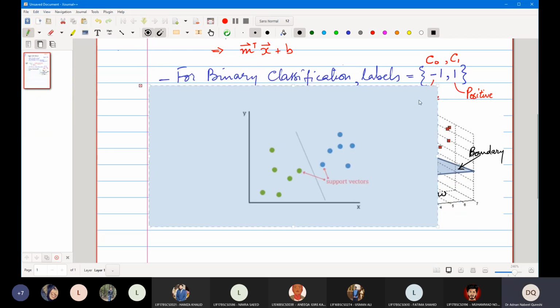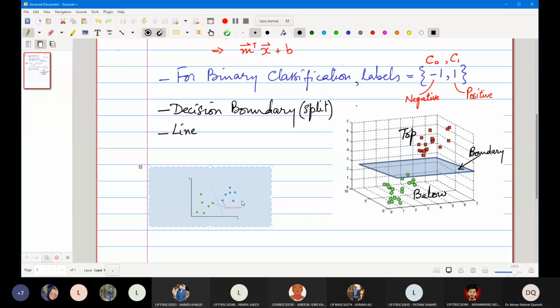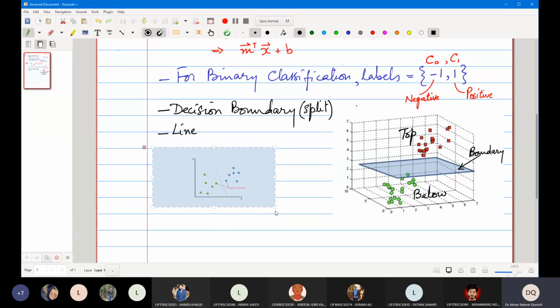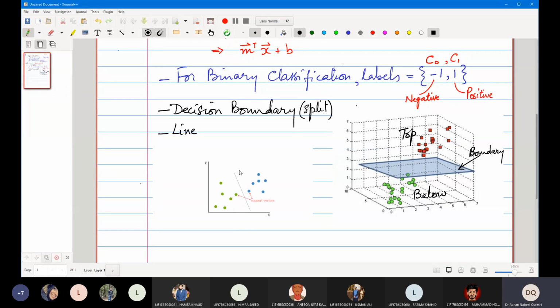Now, this is another interesting image. We have the green dots and the blue dots, and on top of that you will see a line which has green on one side, blue on the other side.